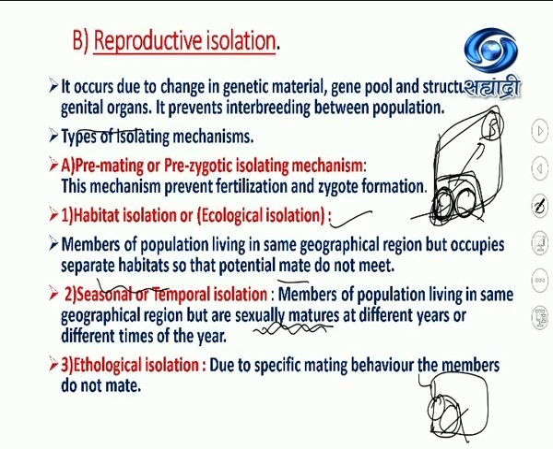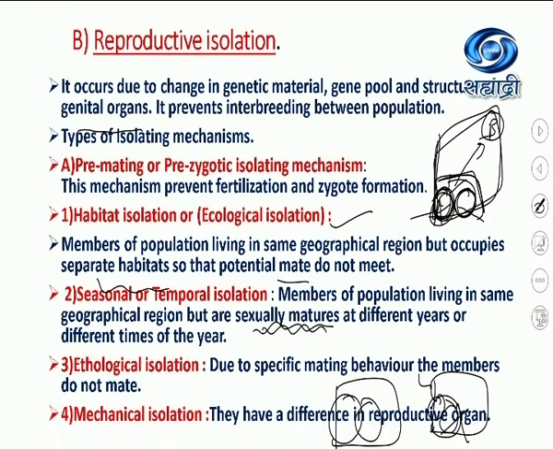Therefore, they are not able to mate. And third, we discussed ethological isolation, where they are staying in the same habitat and maturing at the same time, but their behavior is different. They are not attracted towards each other. This is ethological isolation. So first we have completed the pre-mating, pre-zygotic mechanisms. Fertilization does not take place and zygote formation does not take place in all three cases.